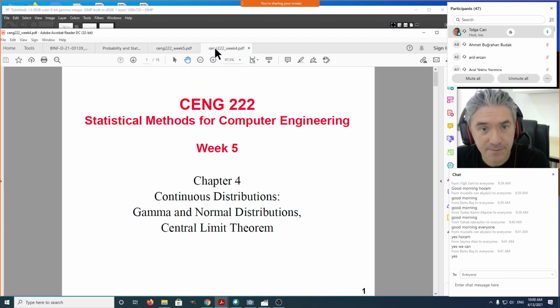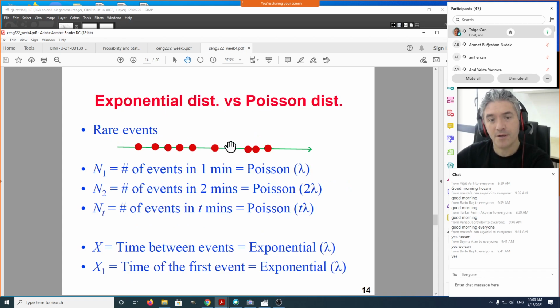This means that in this figure, whether you're here or here, whether you're at this event, the probability of the time until the next event is still an exponential with parameter lambda.